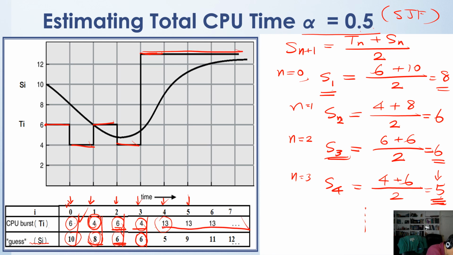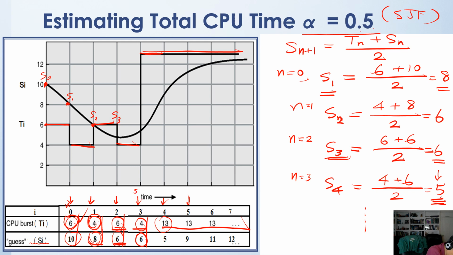Now here's the predicted one. First we predicted 10 because we don't have any prior information, so we maybe randomly pick 10. And then after we observe the first actual CPU time, we make the next prediction, which is 8. Let's say that's S0, that's S1. And then the next prediction was 6, S2. And then S3 is 6.